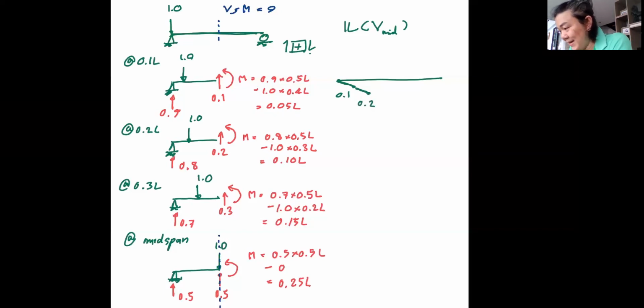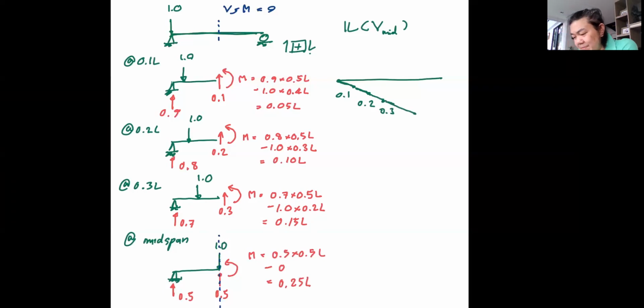And then needless to say, when I place this unit load at the location 0.3 out, now I have the shear in the middle equal to 0.3, but it goes up. It's a negative 0.3. Up until I reach the midspan.